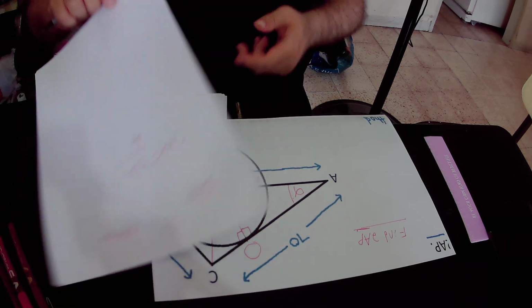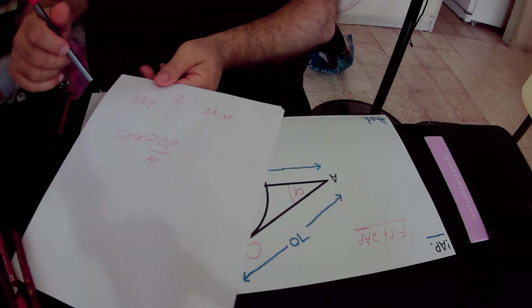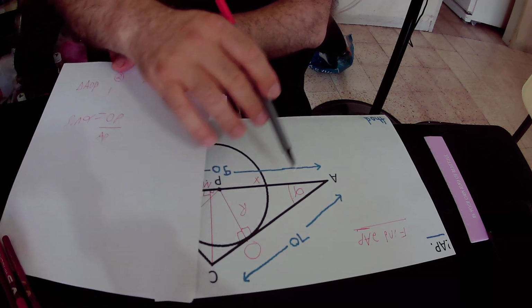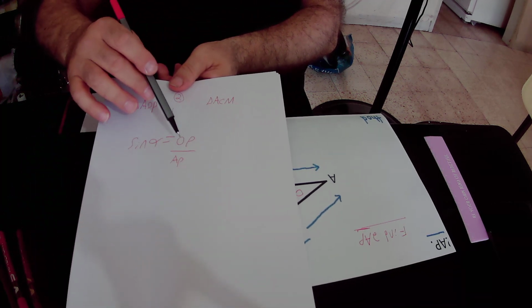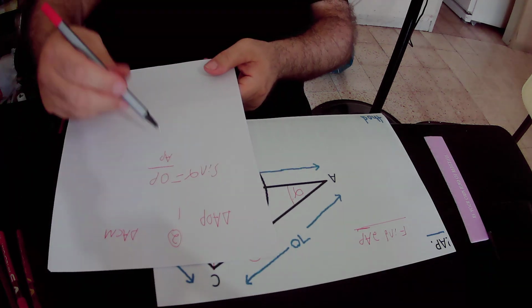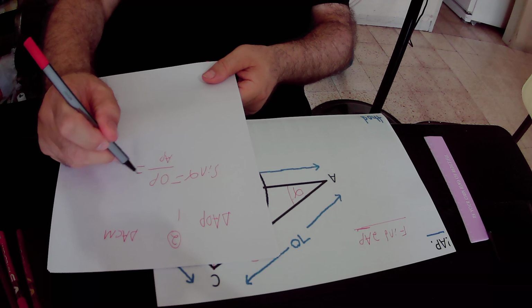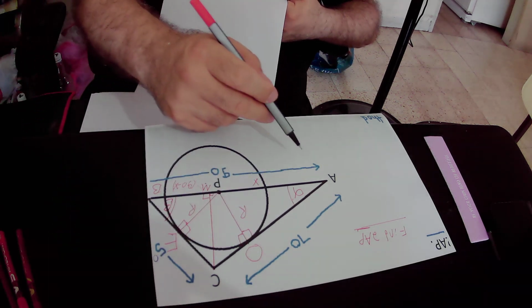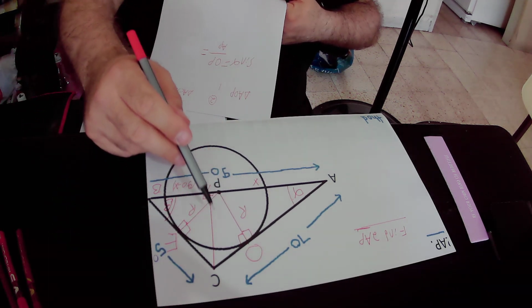Okay, so sine alpha in triangle AOP equals OP over AP. Then we will focus on the right triangle ACM.